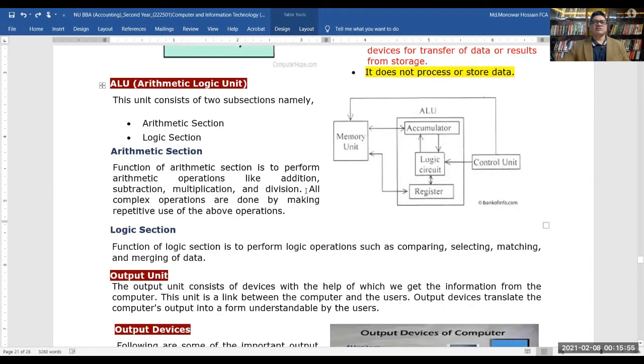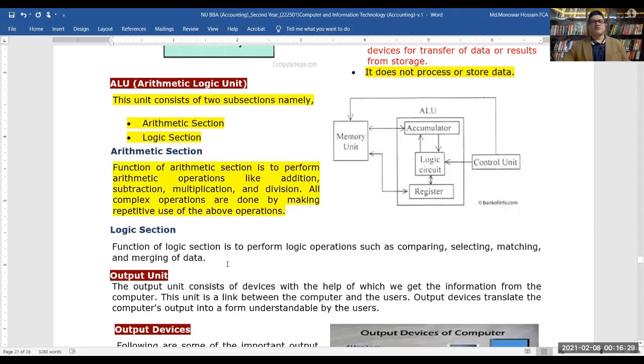Now, the arithmetic logic unit. Look here: this is the memory unit, the arithmetic logic unit. Within the arithmetic logic unit are the accumulator, logic circuit, and register, and here is the control unit. So the arithmetic logic unit has two subsections: one arithmetic section, another logic section.